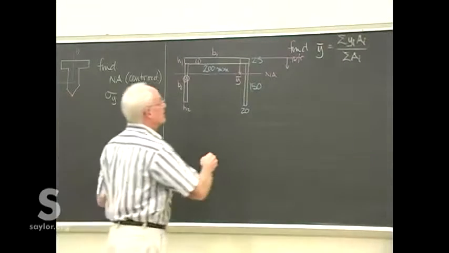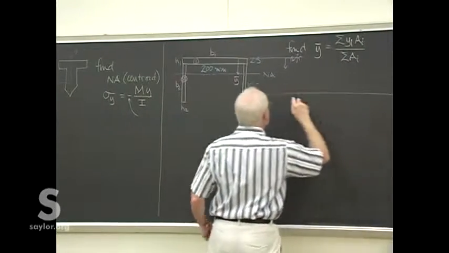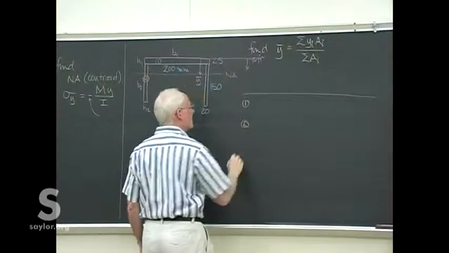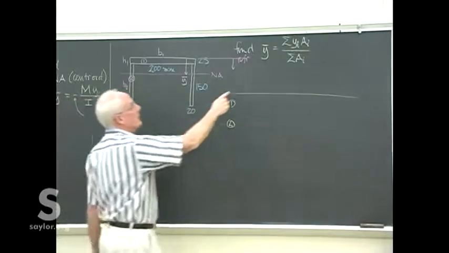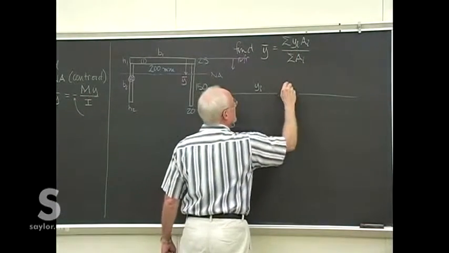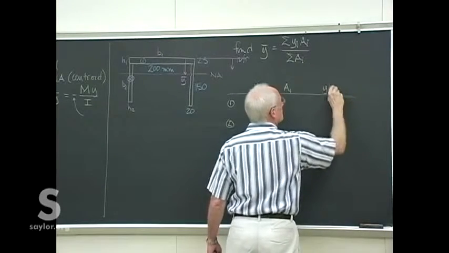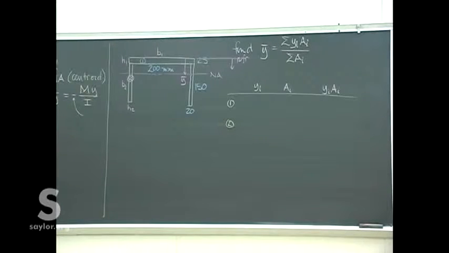All right, I think it works well if you make yourself a little table, just less chance of making some kind of error. So we have these two parts here. For each of them, we need to locate the centroid, we need the area, and then we need the product of those two. So it works nicely in a table.